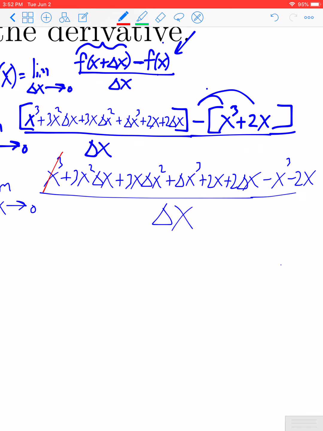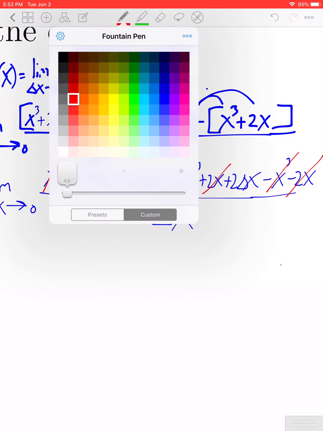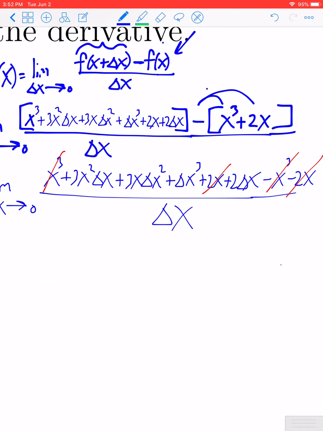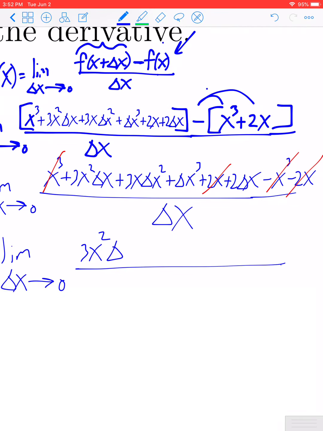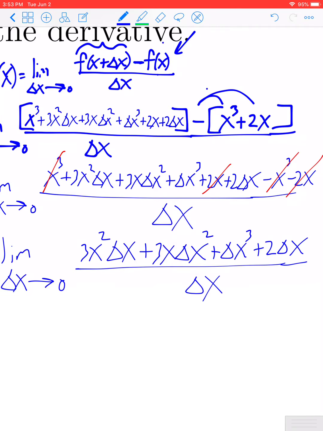For instance, we have a positive x cubed and a negative x cubed. We have a positive 2x and a negative 2x. Those also cancel. So at the moment, we're left with the following. We have the limit as delta x approaches 0 of 3x squared delta x plus 3x delta x squared plus delta x cubed plus 2 delta x, all divided by delta x.